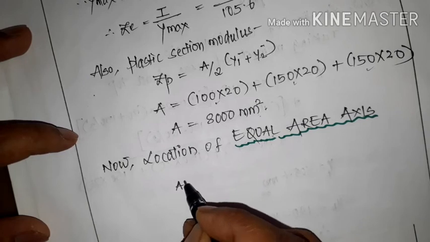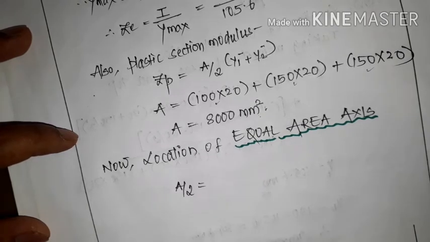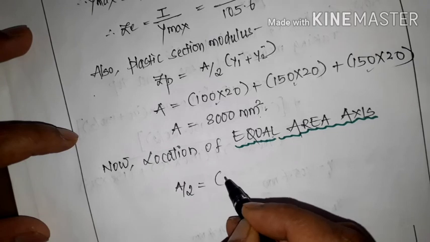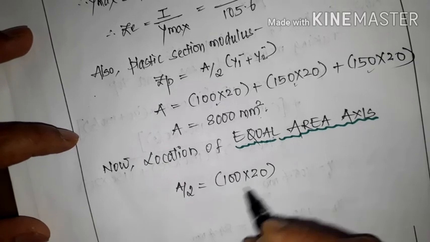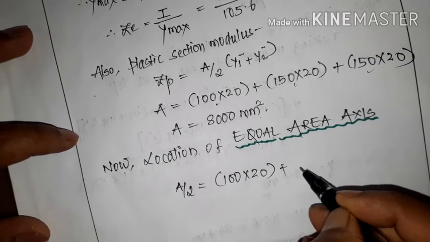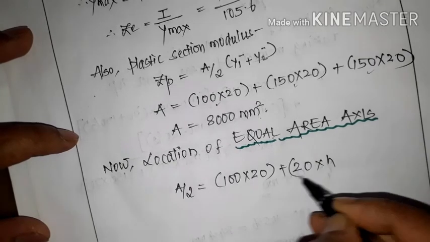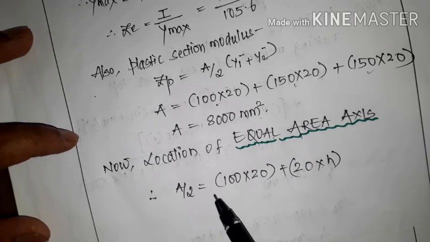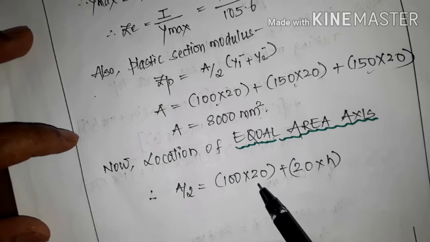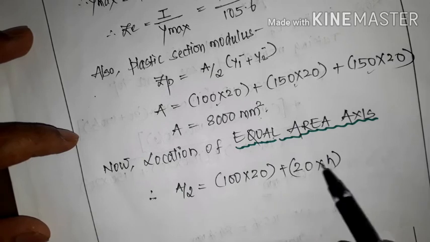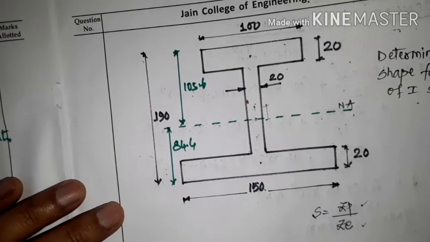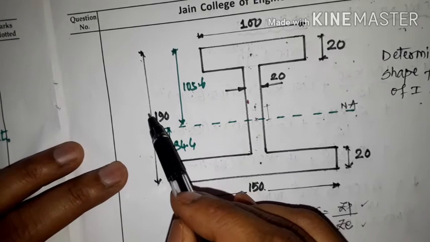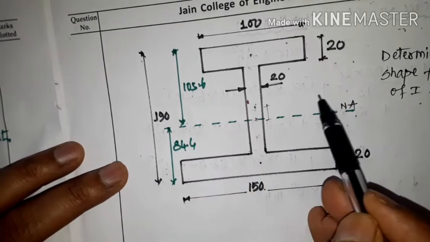For that we will use A by 2 equal to 100 into 20 plus 20 into h. So what I did here: let us assume the equal area axis is somewhere here.